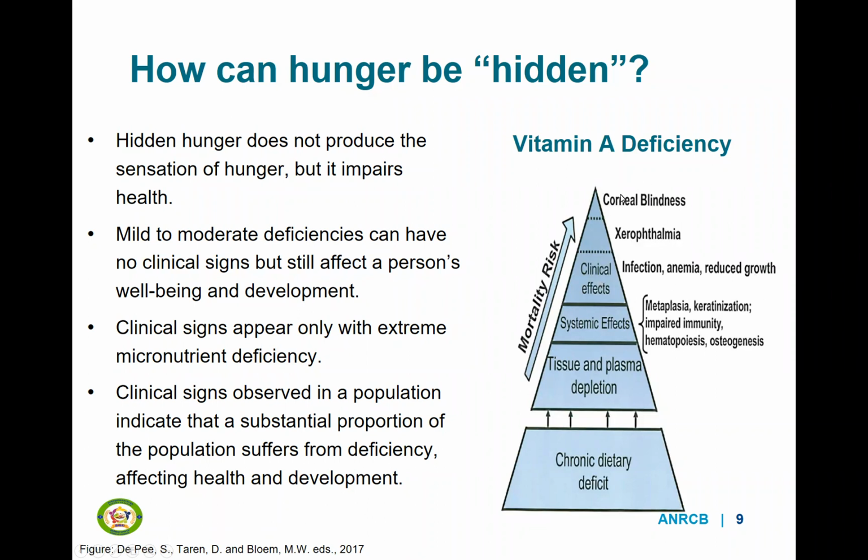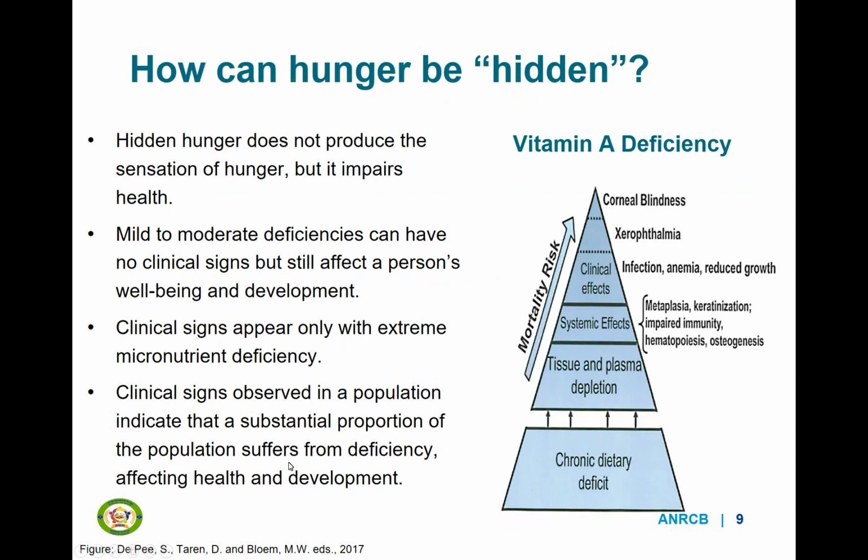As you go along, it's only in these very extreme forms of deficiency where you see clinical symptoms. And for vitamin A, those symptoms are usually in the eyes. So there can be, for example, spots on the eye or night blindness. And this will be much more readily observable. These are much harder to identify. And so what you find, as this goes along, is also the risk of mortality is increasing.